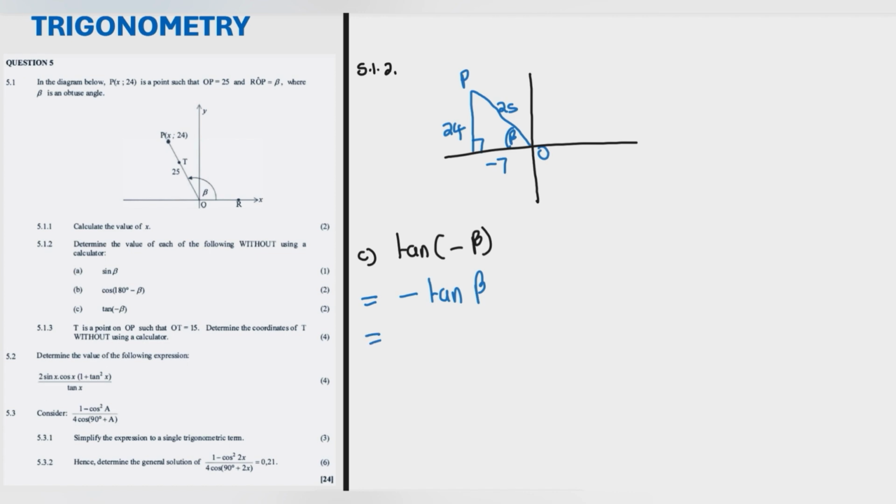Tan is opposite over adjacent. Our opposite side is 24 and our adjacent side is -7. So our final answer will be negative 24 divided by negative 7, which gives you 24 over 7, your final answer.